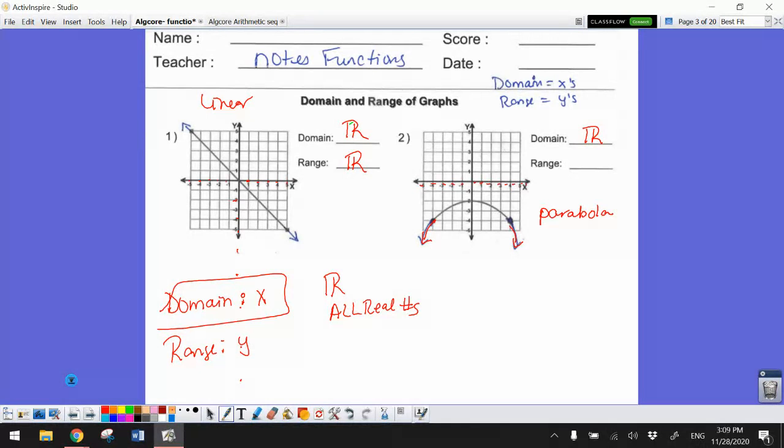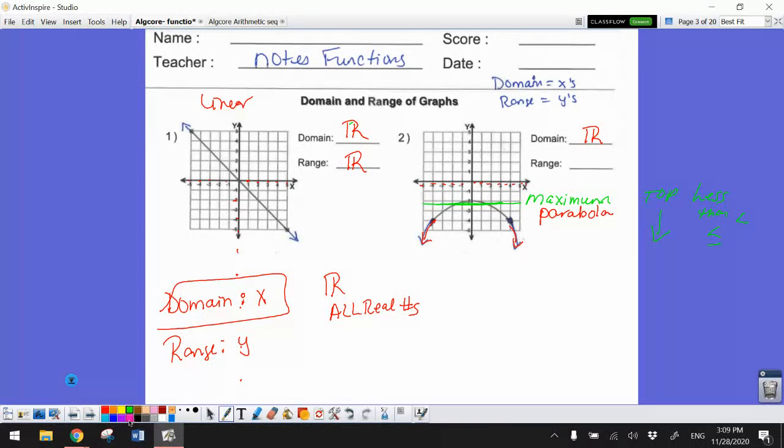But there is a limit on my y. So I'm going to go ahead and draw a line at the top, or the maximum, of this function. It has a top. That means everything is going to go down. And if I'm going down, that means I'm talking about numbers that are less than. Remember that less than or less than or equal to, those are going to be pointing to the left.